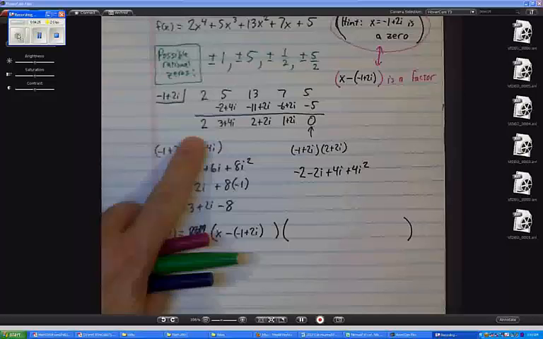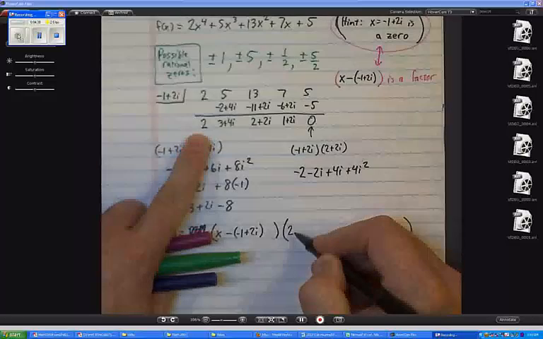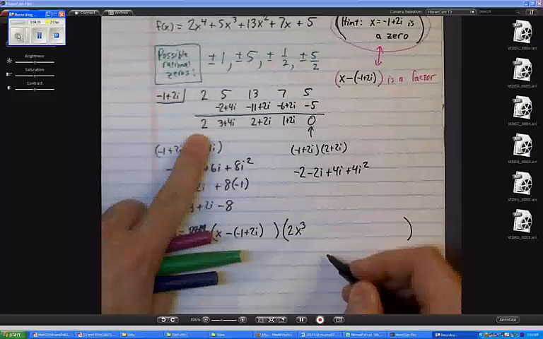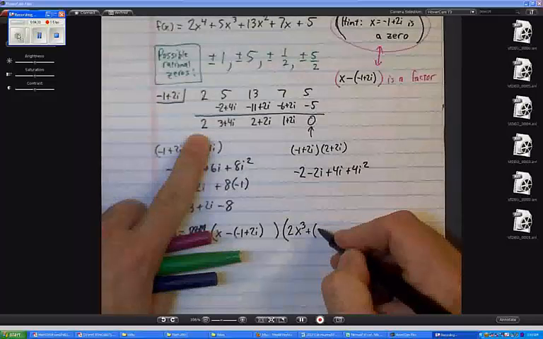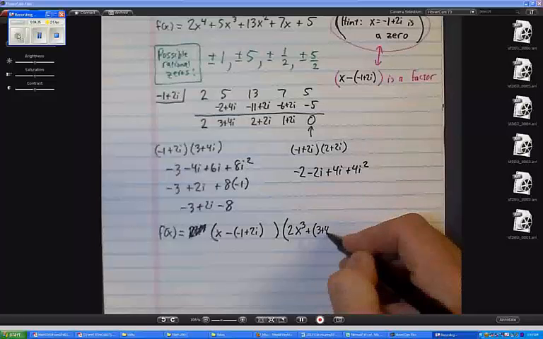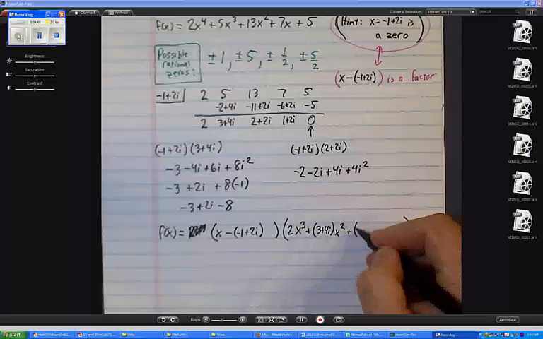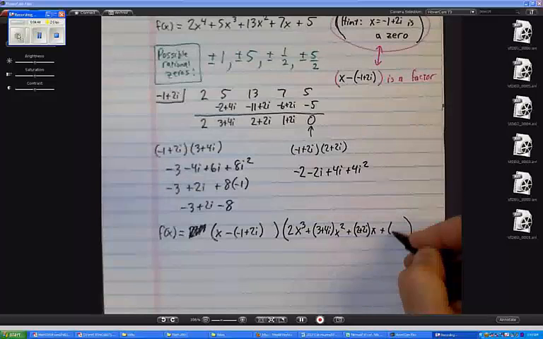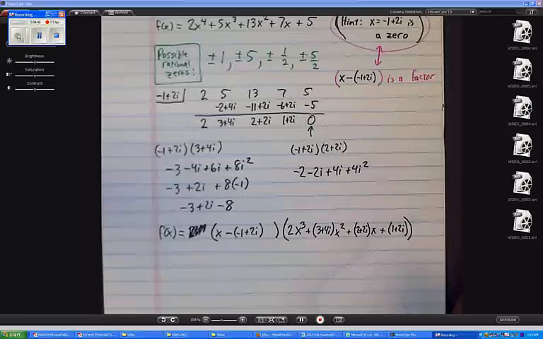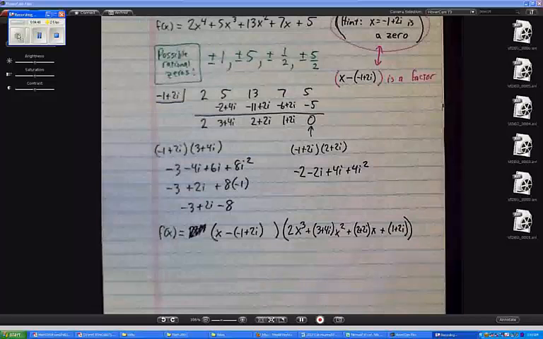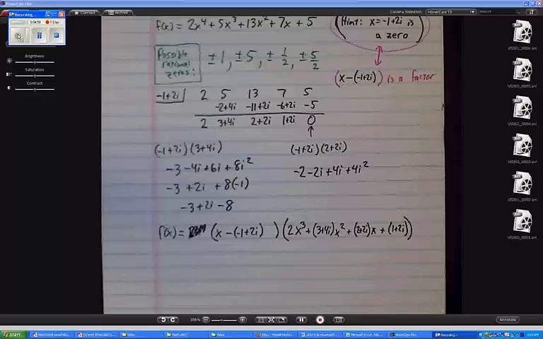We go from here, the 2, to what? X cubed, because we knock it down a degree, plus, and this is really strange, (3 plus 4i) x squared, plus (2 plus 2i) x, plus (1 plus 2i). That's weird. But I'm just doing what I always did when I had real numbers in Chapter 3.